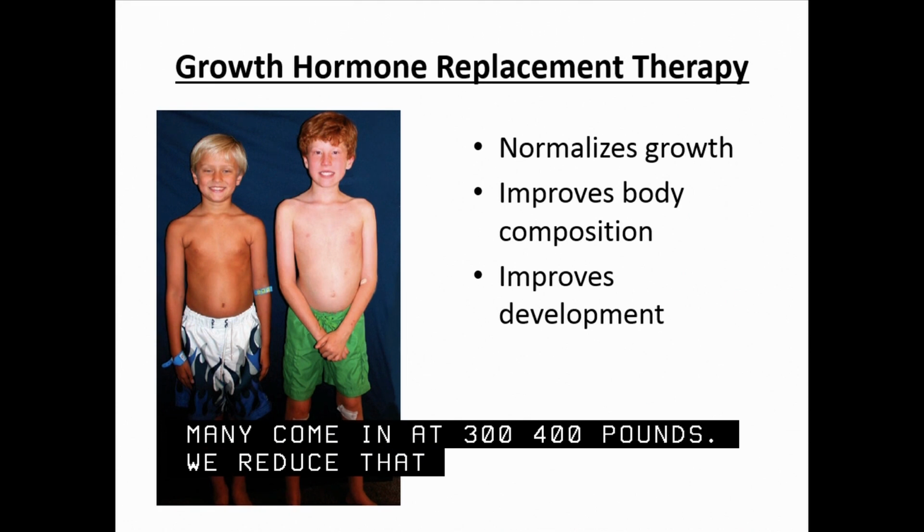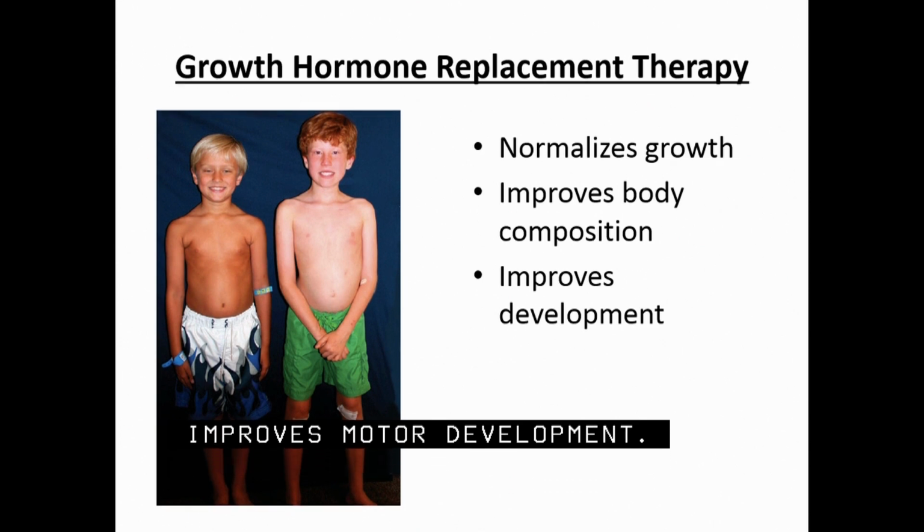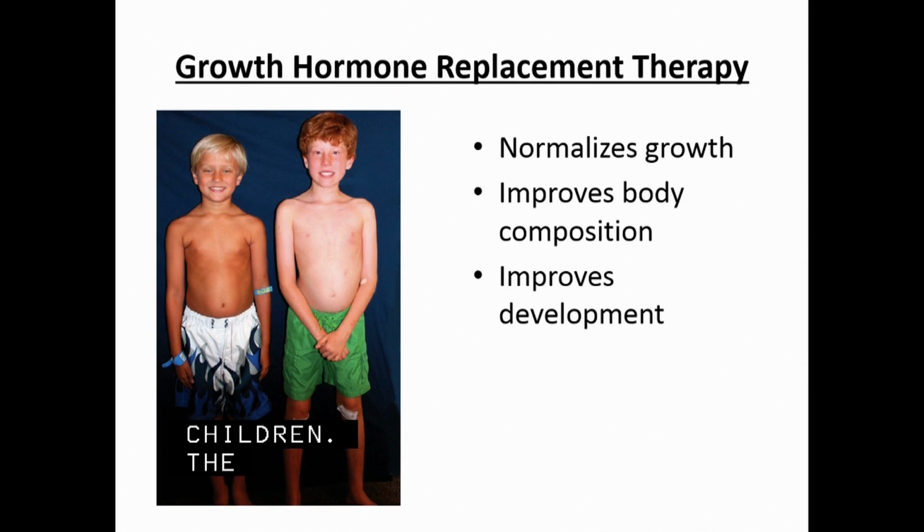Some people think cognitive development, but growth hormone's not cheap. It's $30,000 to $40,000 a year for the children. Now the adults, if we put them on it, we put them on a lower dose, and it's maybe only $10,000 a year.